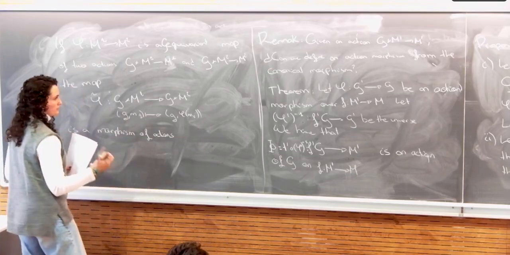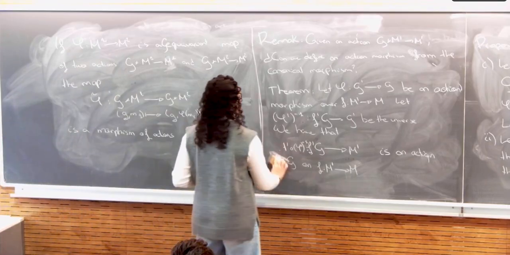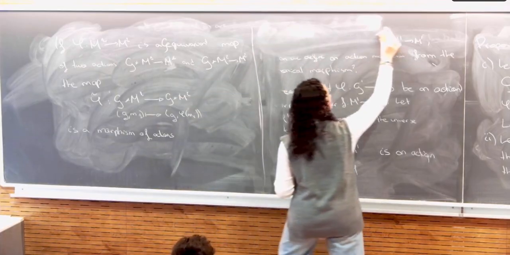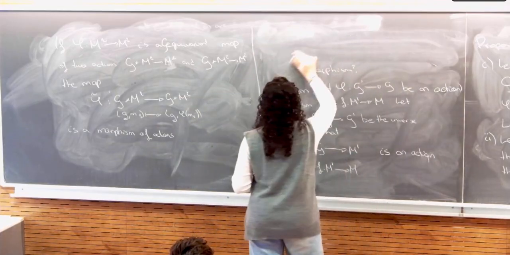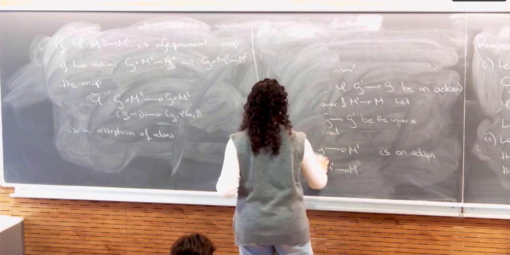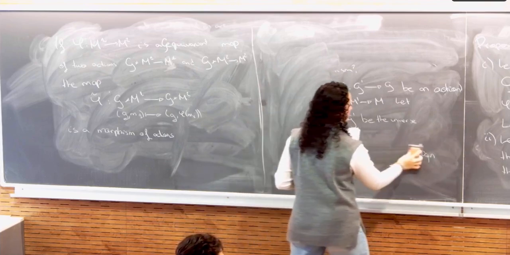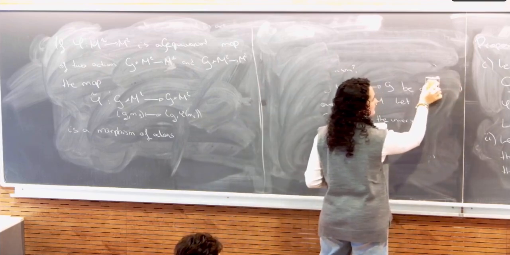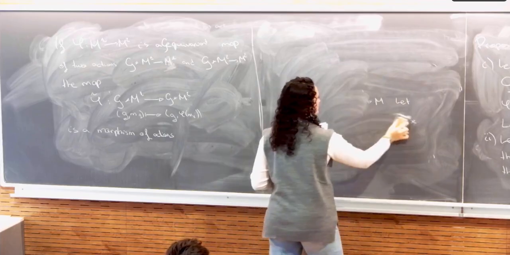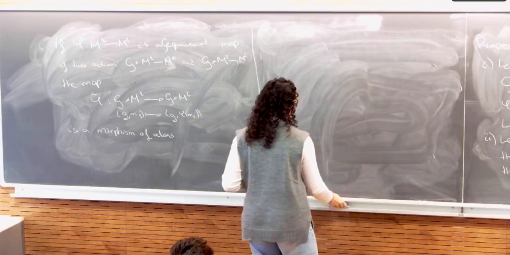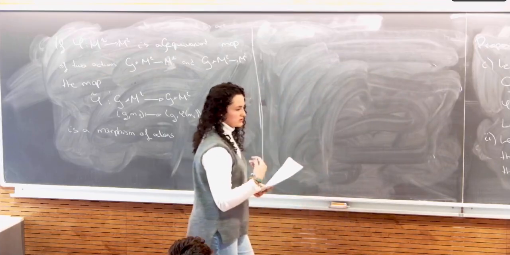And we want to do the converse. If a morphism of actions is defined between two action morphisms, then what happens to the groupoid actions they defined?